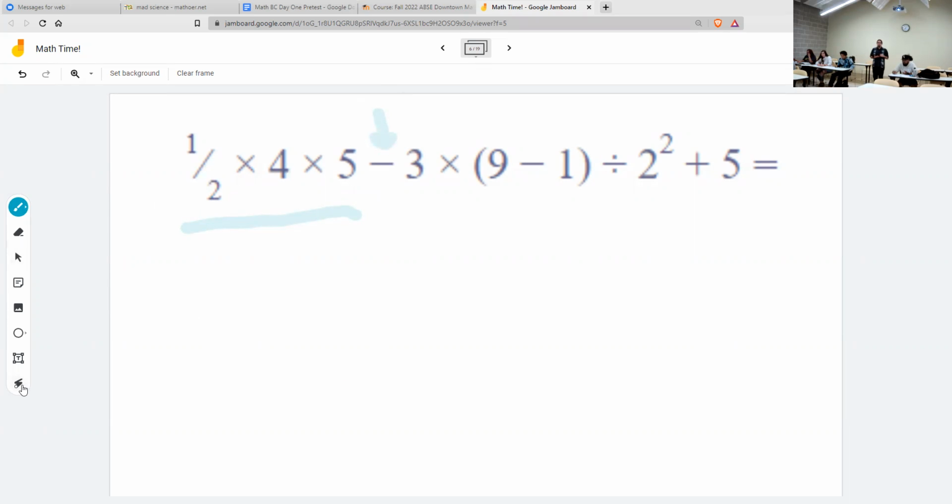Everyone with me? Okay. That one's in parentheses. Yes. Right there. Okay, so again, that one breaks apart the terms. So this is a term and that is a term. So I'm going to have eventually a minus and a plus.